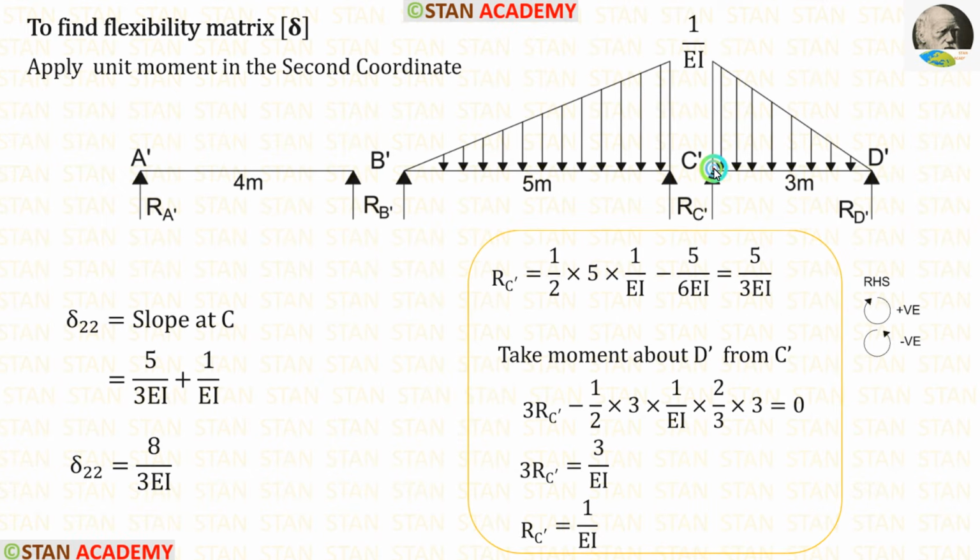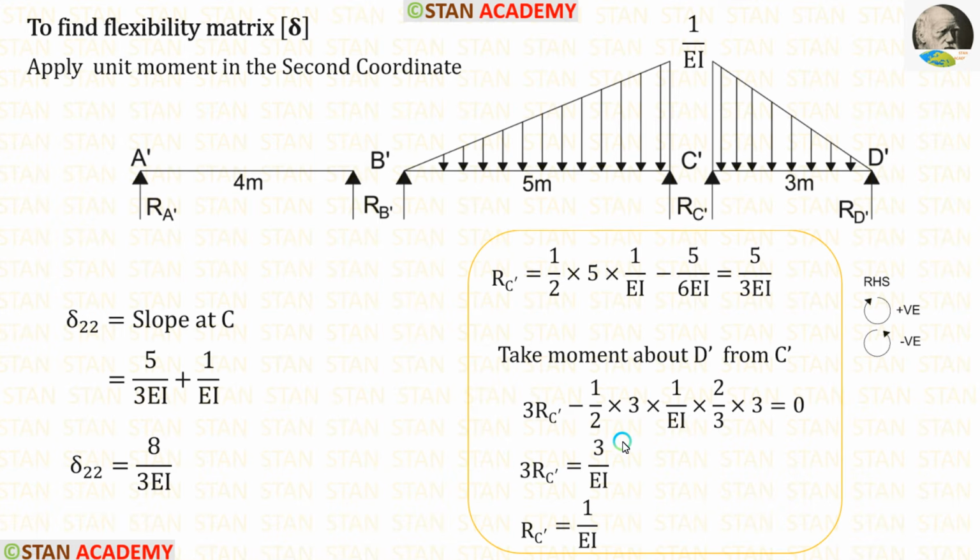Now let us calculate RC dash in the beam C dash D dash. For that, I am going to take moment about D dash. RC dash is acting towards the point D dash in the clockwise direction and the distance is 3 meter, so 3 RC dash. The UVL is acting in the anti-clockwise direction, so it will be negative.